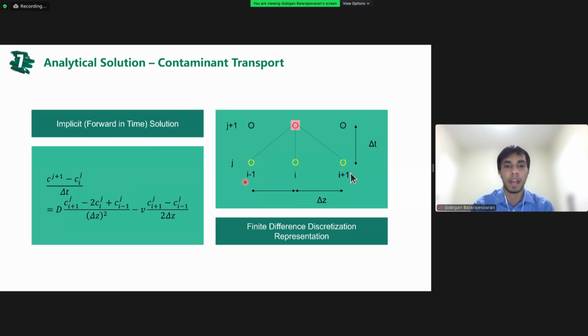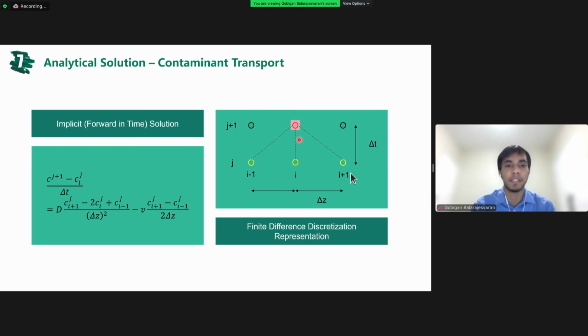The only unknown variable is where it is a forward difference in time and a central difference in space. So this equation depends on the concentration in the previous nodes. Now, the only drawback with this method is that if the boundary conditions are not constant, we would be having a lag.